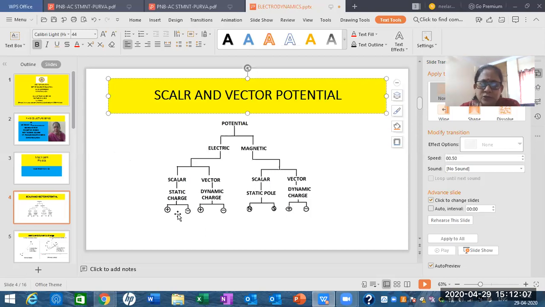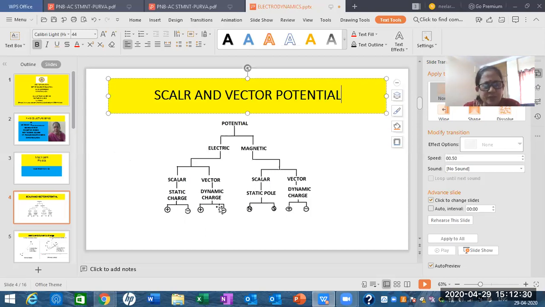Surrounding the point of cluster of charges, you will construct an envelope, spherical shape. Of course, this is an imaginary surface, so we call it a Gaussian surface. The charges will get distributed on the surface of this symmetrically with respect to the center of the sphere. That is Gauss law. That is Maxwell's first equation.